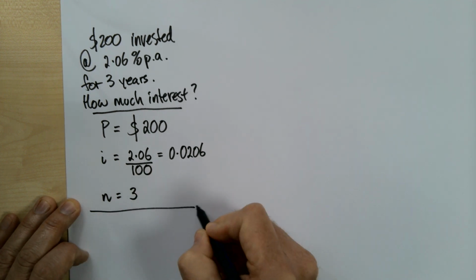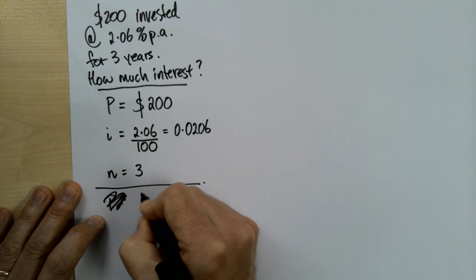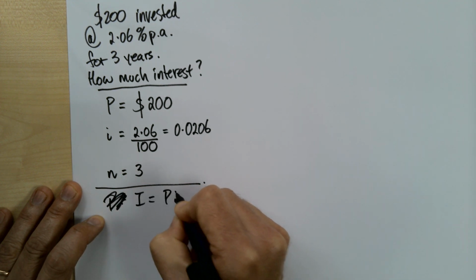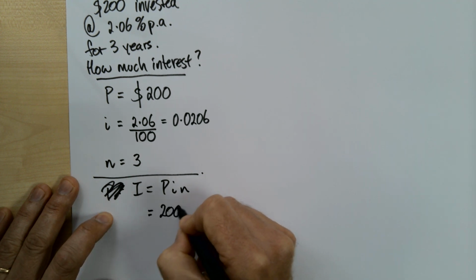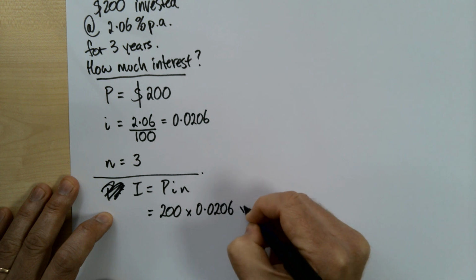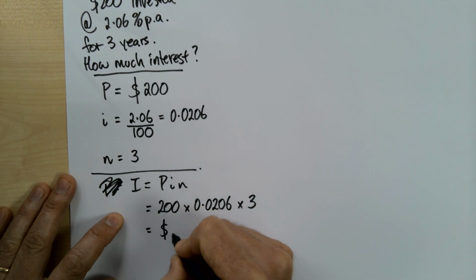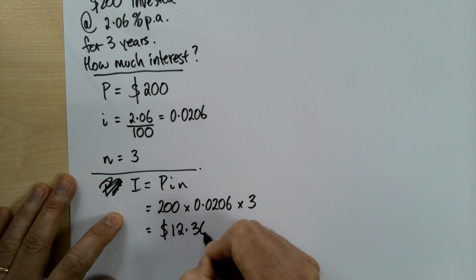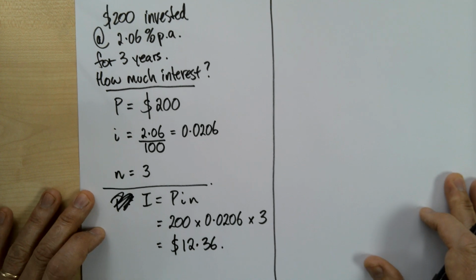All right, so here we go. I equals P i n. So P is 200 times the i times the n. You plug that into the calculator and you get the grand total of $12.36. Not a very good investment, but that's just how the maths works.